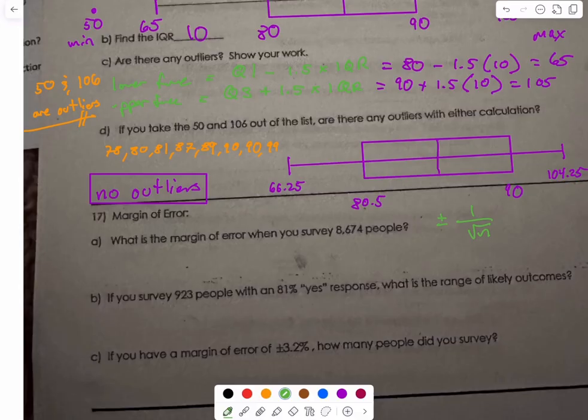Okay. So I'll just abbreviate it as margin of error. We'll say plus or minus 1 over the square root of the 8674.